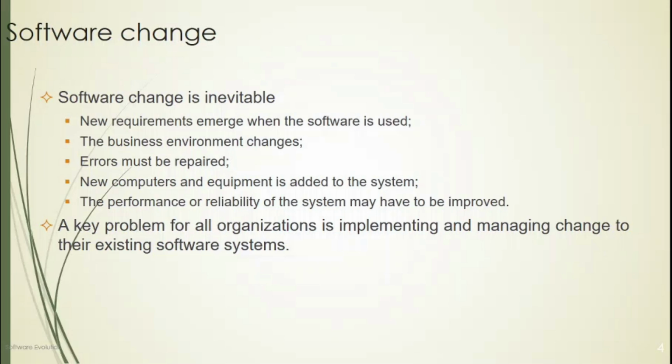There may be some changes or some error that occurs, and that error has to be repaired by the software engineer, because there is an agreement between the software engineer and the customer. So any error that occurs in the software has to be taken care of by the software engineers.